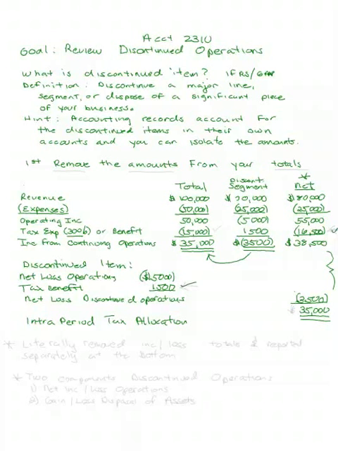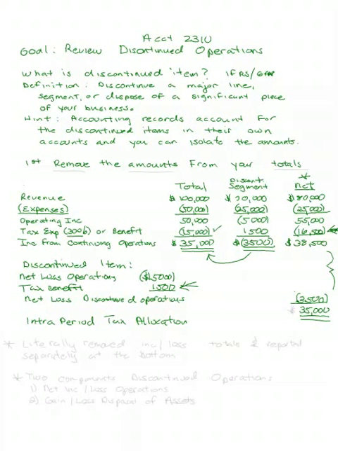So you can see total taxes were $15,000. We knew that from our first example, but they're shown in the section of the income statement that they relate to. That's good intra-period tax allocation.